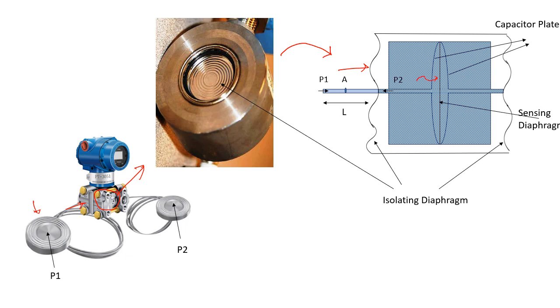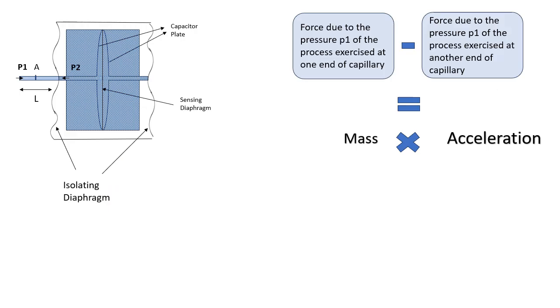In the case of only a pressure transmitter, pressure is exerted from one side. In the case of the DP transmitter, pressure is exerted from both sides of the isolating diaphragm. One side of the isolating diaphragm is facing a pressure P1, the other side P2.